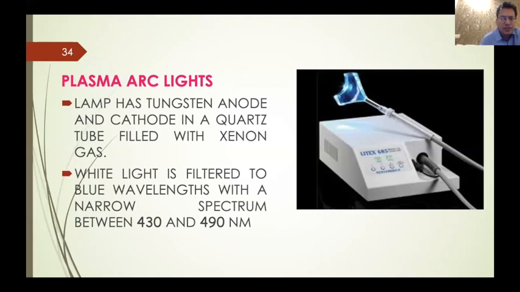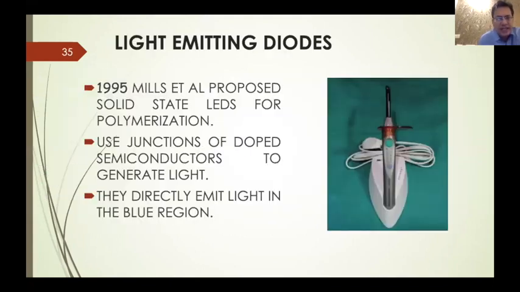But as students, we usually are using LEDs. They are very cheap. We get them at a very reasonable price from the market, and they last for a lot of bonding. So in 1995, it was Mills et al. who proposed solid state LEDs for polymerization. Basically they use junctions of doped semiconductors to generate light. They directly emit light in the blue region.